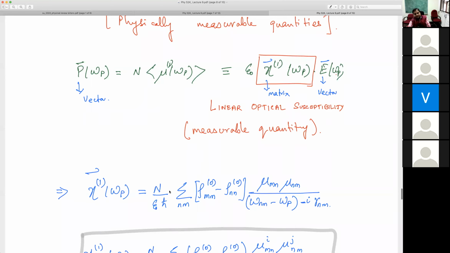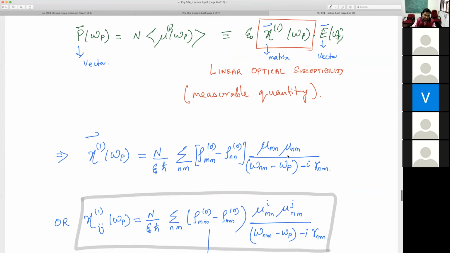It will be given by N over epsilon naught h bar times the sum over n and m of the density matrix terms, times mu mn and mu nm. I have two factors of mu, mn and nm, and if I sum over n and m, then this just becomes a number.